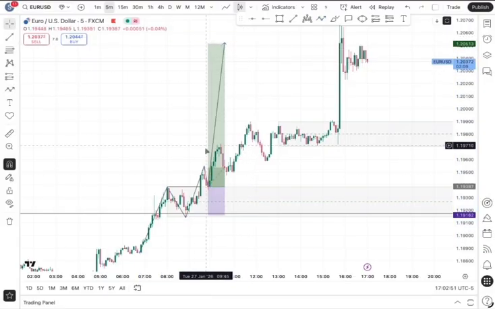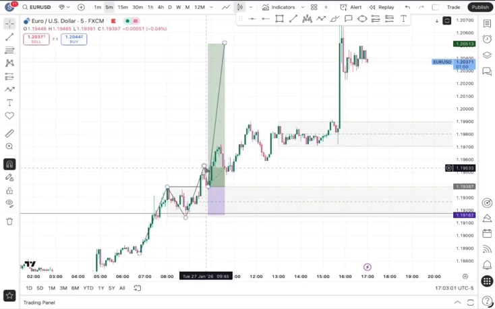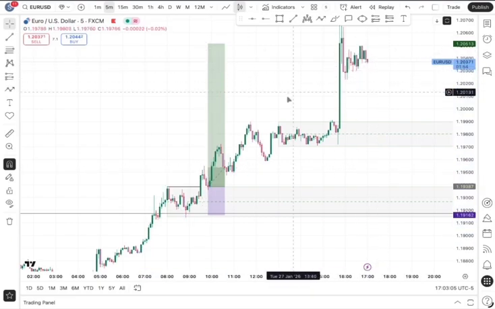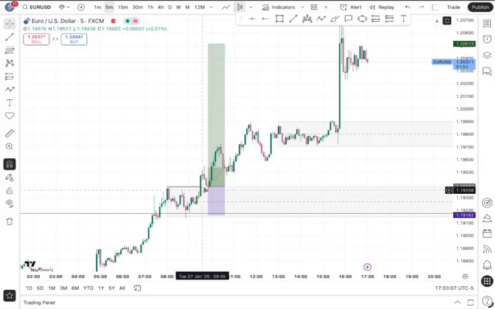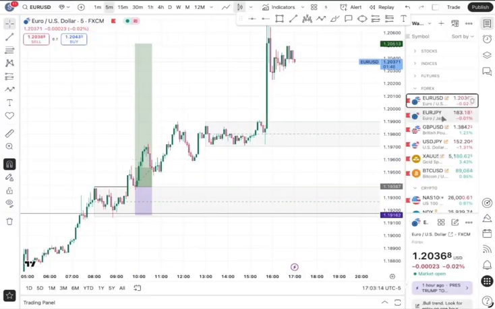So right here, break of structure, waiting on price to break, then do a retest, then buy. Usually they would say sell high, buy low. And it's the same thing I did with GBP/USD.